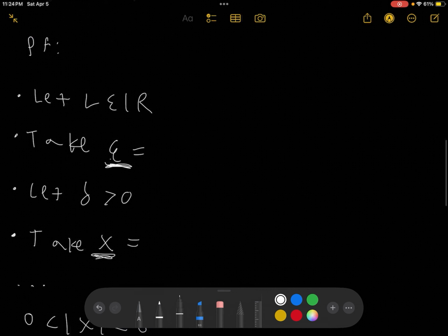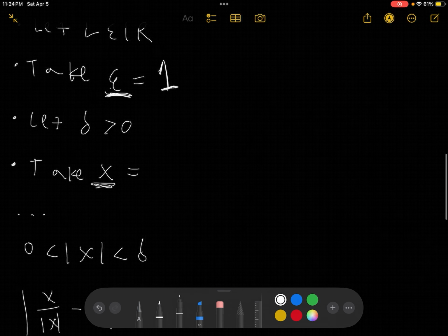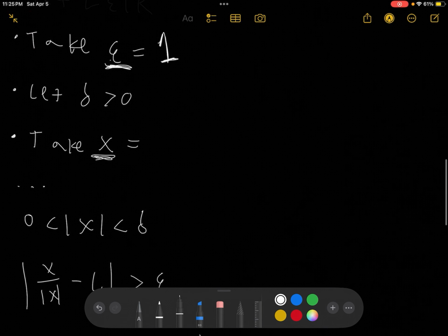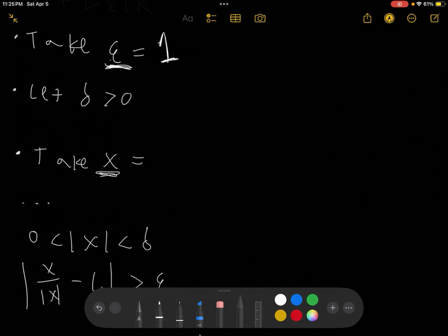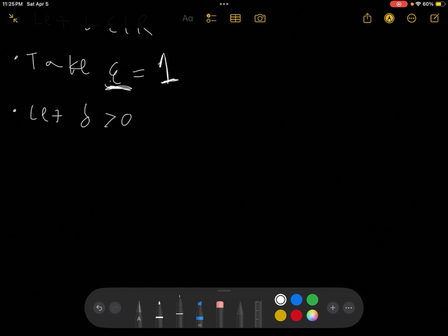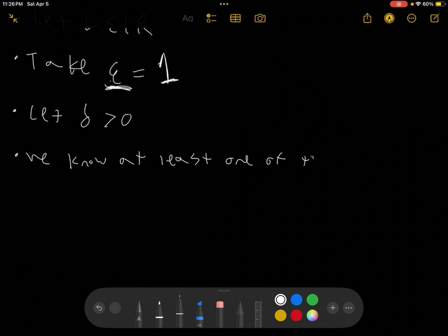Filling in the details, we can take epsilon to be 1. Then let's fix our positive delta, and let's describe the two cases we just discussed. So we know at least one of the following is true.